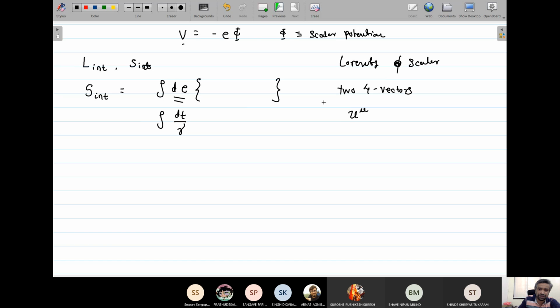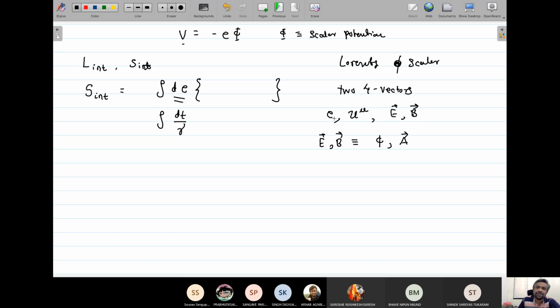We have a charge E. I have the 4 velocity, and I have the electromagnetic field E and B. I can also express this E and B in terms of the scalar potential phi and the vector potential A. So either you give me E and B or you give me phi and A. Although there is a small difference between them, let us neglect that at this moment. So these are the quantities I have.